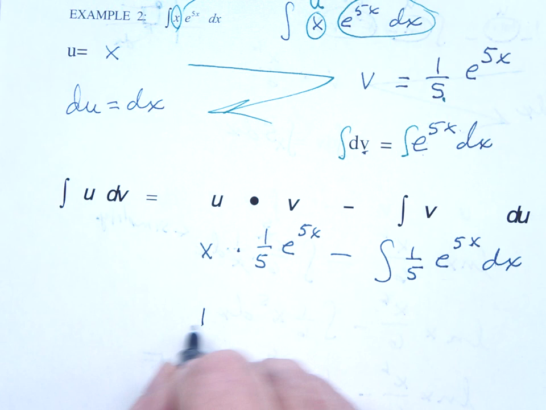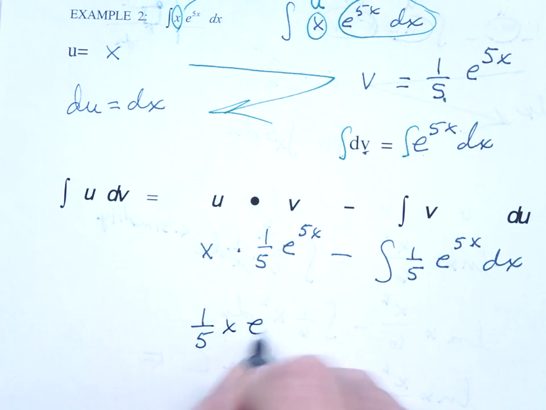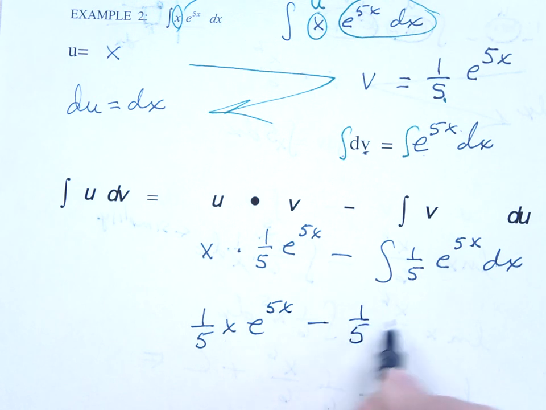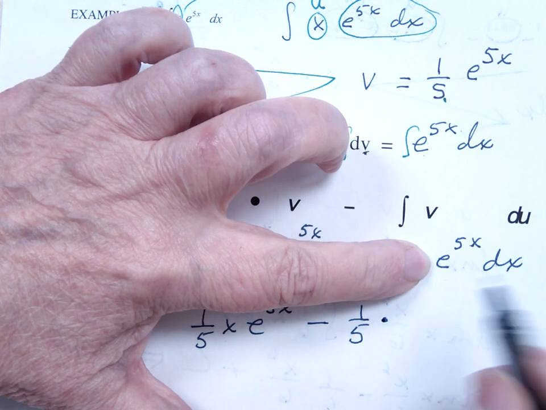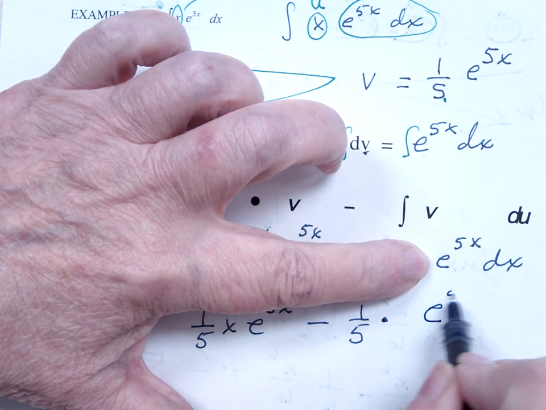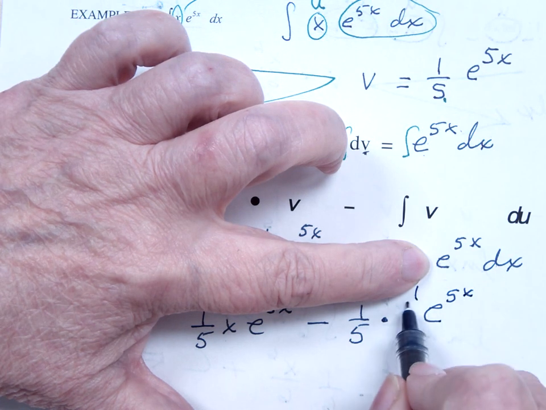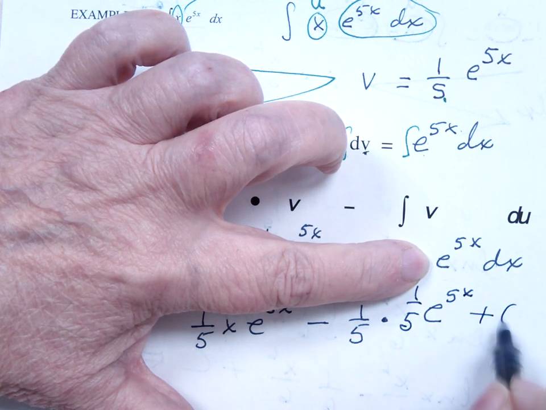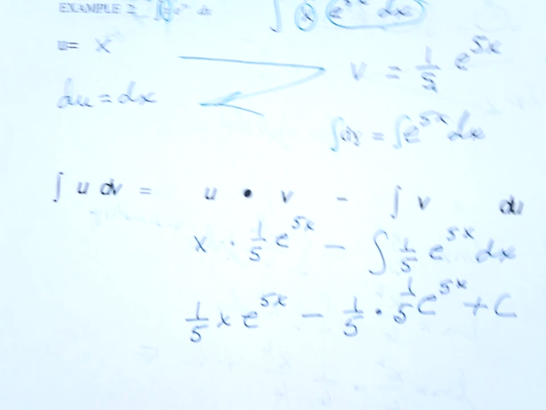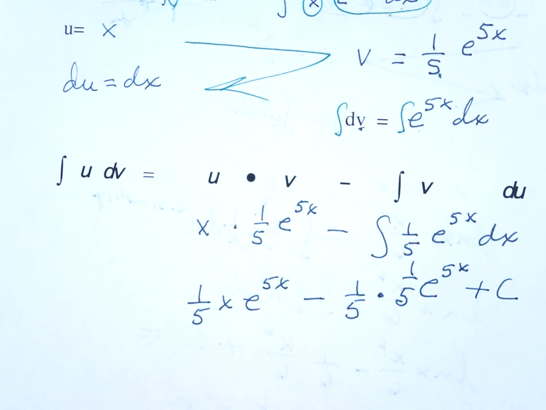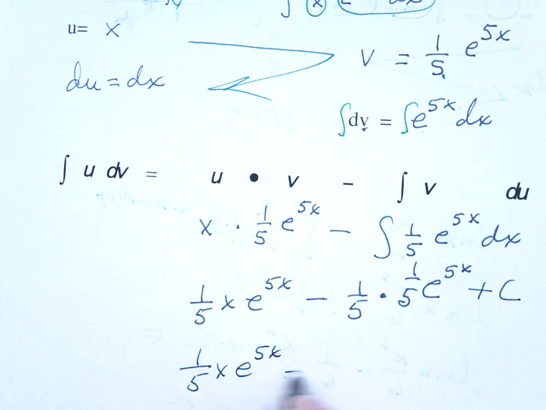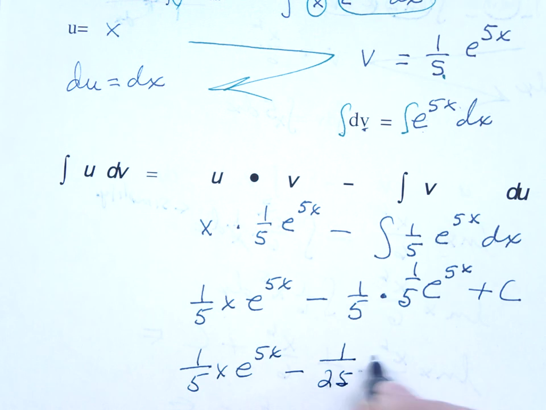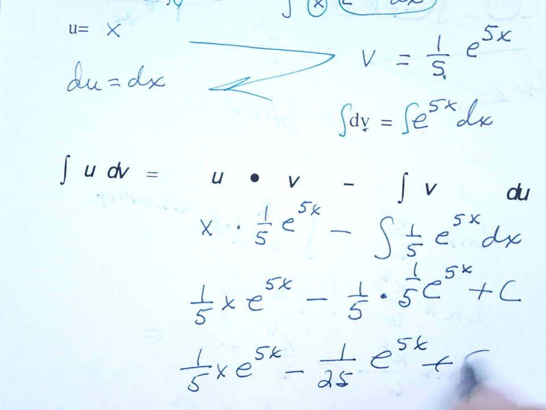So this is 1/5 x. I just rewrite it because that's the way I'm used to seeing it, a creature of habit. 1/5, that's the constant, times the integral of e to the 5x, that's e to the kx. So it's e to the kx times 1 over k plus c, because there's nothing else left. So this is 1 over 5 x e to the 5x minus 1 over 25 e to the 5x plus c.